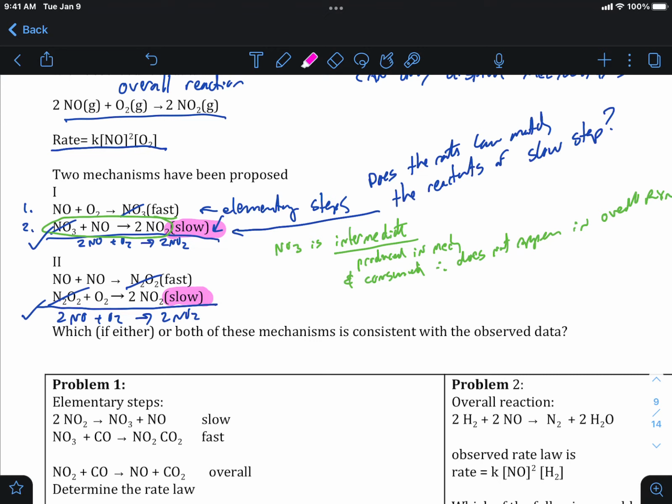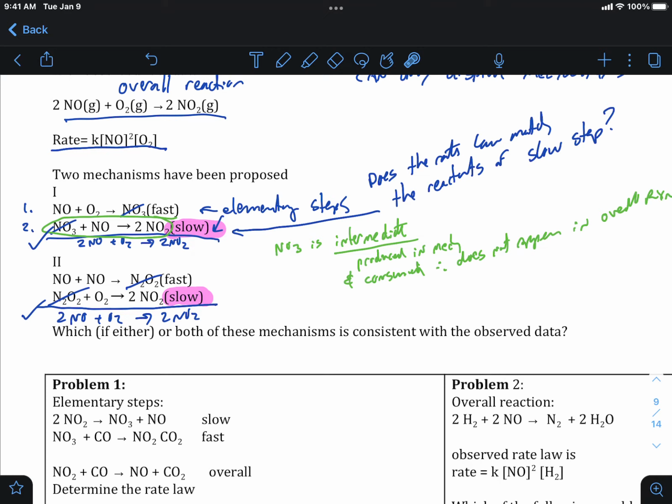In the slow step, do the reactants of the slow step match the rate law? Well, what are my reactants of the slow step? N2O2 and O2. Look at your rate law. Your rate law is showing NO squared times O2. The square means that in your slow step, you should have a coefficient of 2 in front of NO.